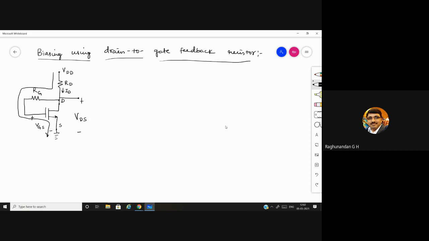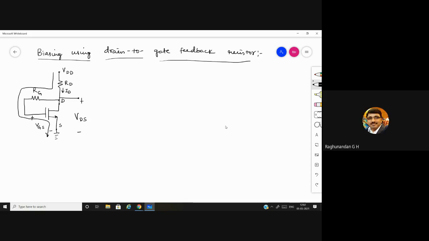What are the parameters we will be getting? See, the circuit itself shows it: VDD, RD ID, RG IG, VGS. That's all.